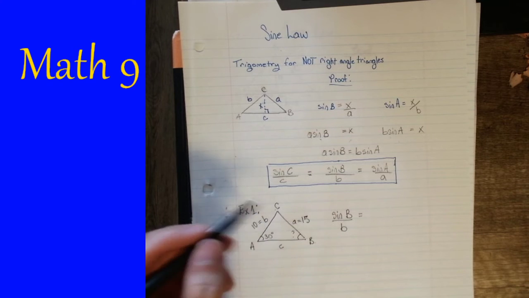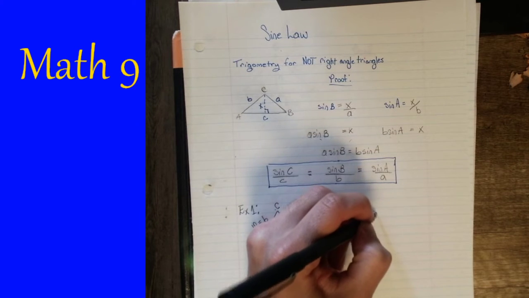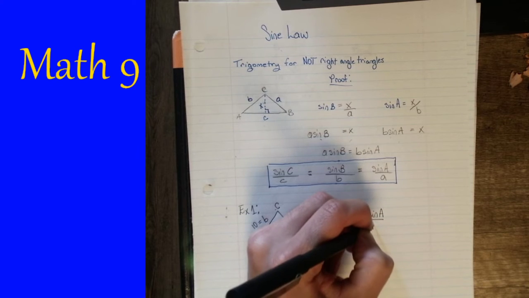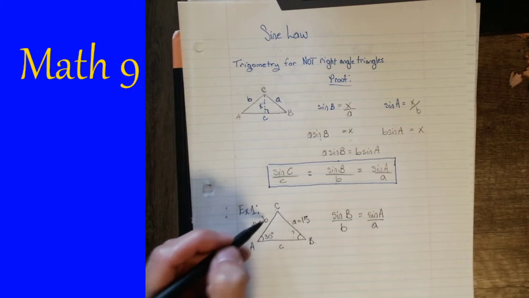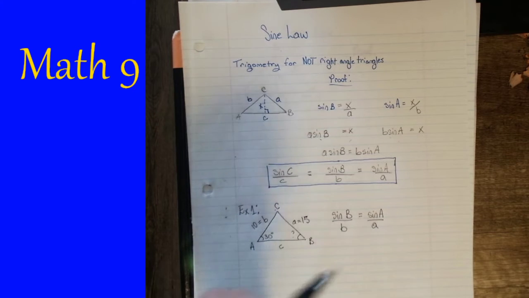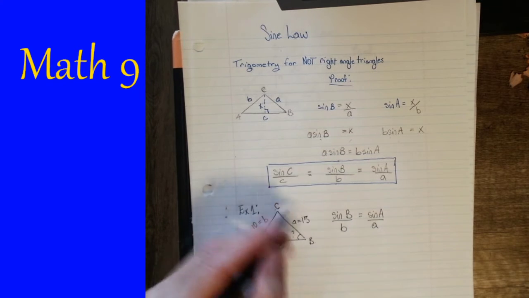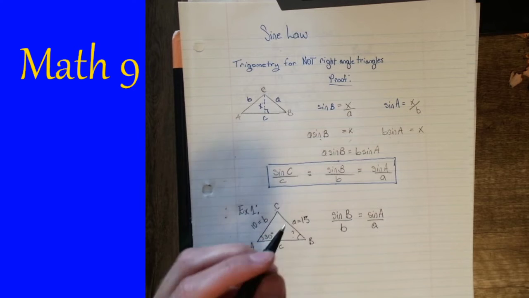So we're going to set it equal to sine A over A, and we actually happen to have both of those quantities, as well as the side length B. These are questions that are usually pretty well put together for you to solve.